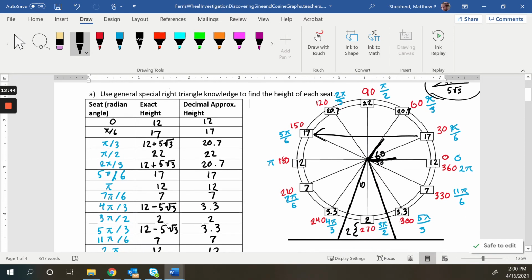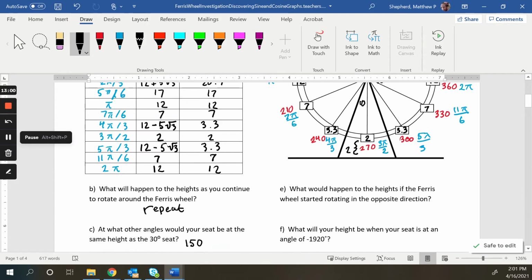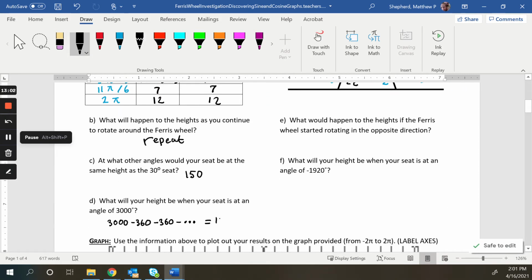It's going to be a number between a 0 and a 360. All right, and so that's what we would do. 3,000 minus 360. And we're just going to do it over and over and over till we find what that equals. It ends up being 120 degrees.